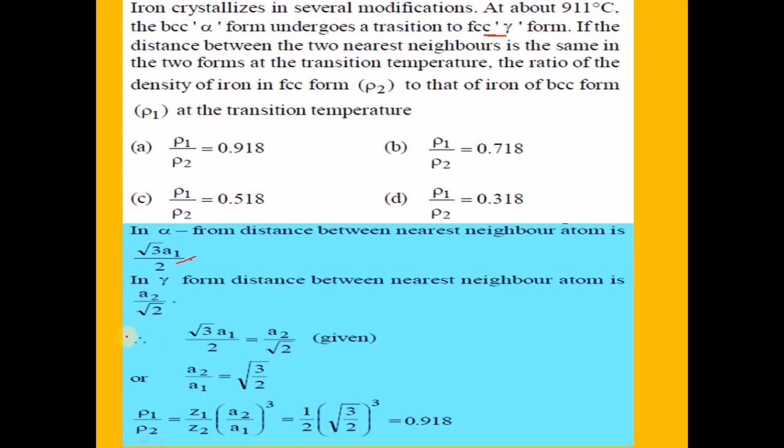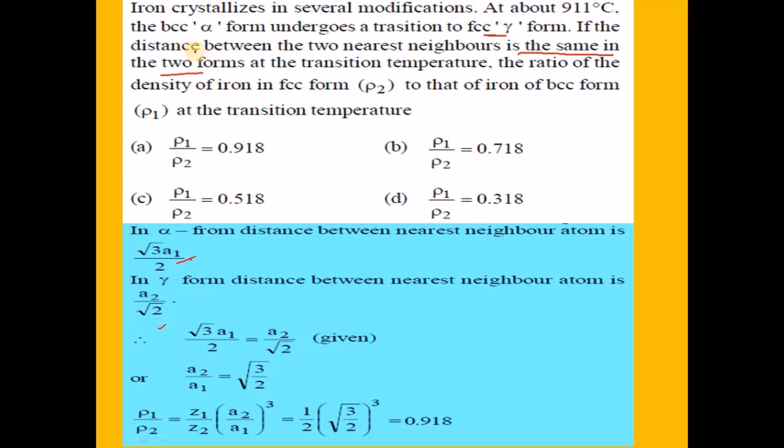In the alpha form we have BCC, that is the distance between the nearest neighbors, and it is taken equal, since according to the problem the nearest neighbor distance is the same in the two forms. After equating these two, the ratio A1 by A2 we got is root 3 by 2, and now the density ratio rho 1 by rho 2 can be written as Z1 by Z2 into A2 by A1 whole cube.